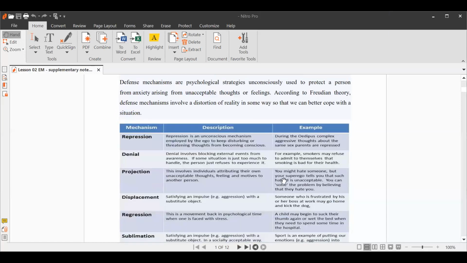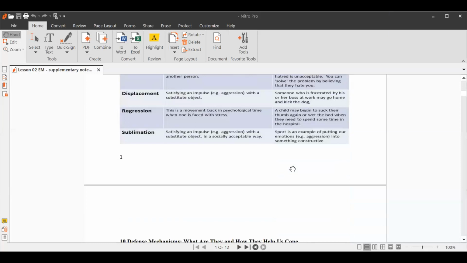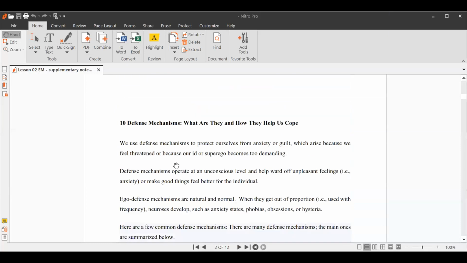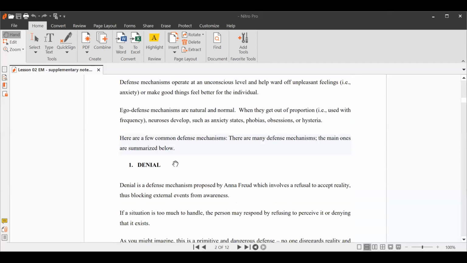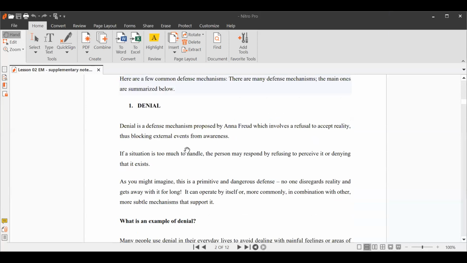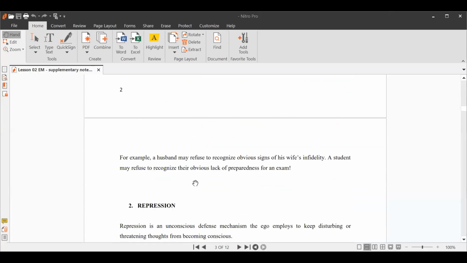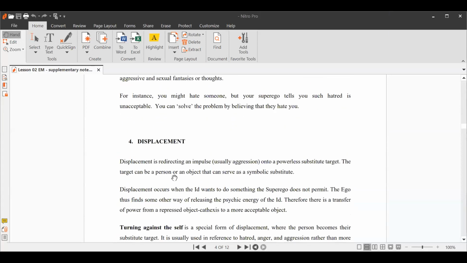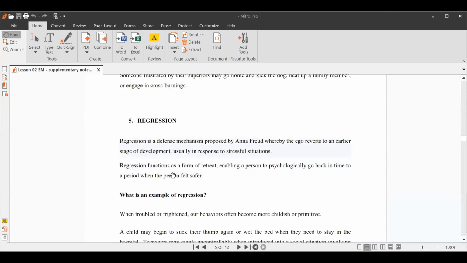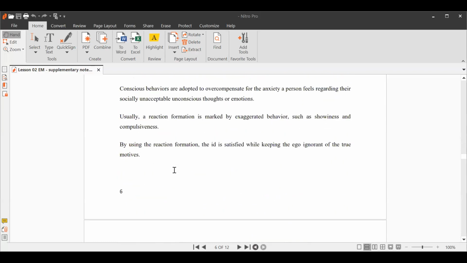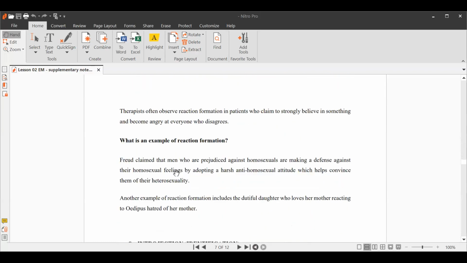In addition to that, I have provided some examples for each and every defense mechanism, and the 10 defense mechanisms each have an introduction as well as an example. I remember this is the place where I stopped, explaining final reaction formation, and then introjection.